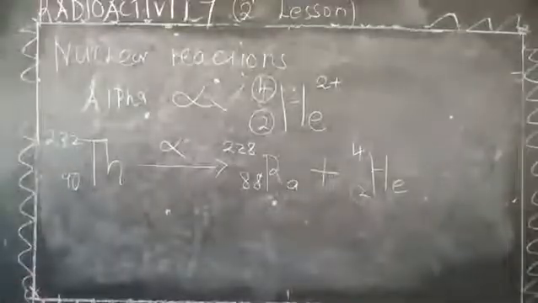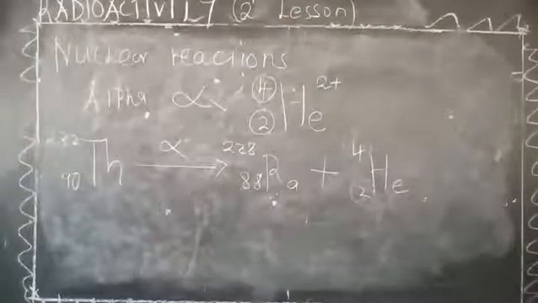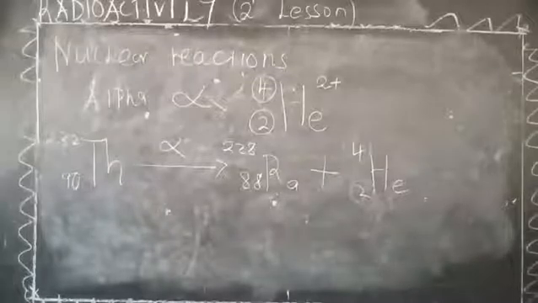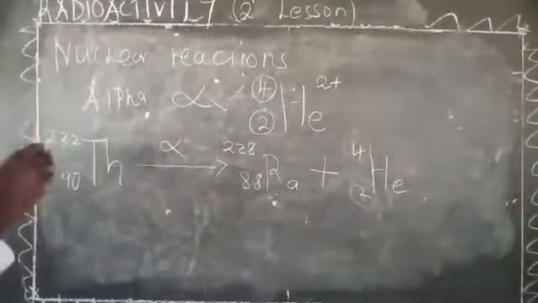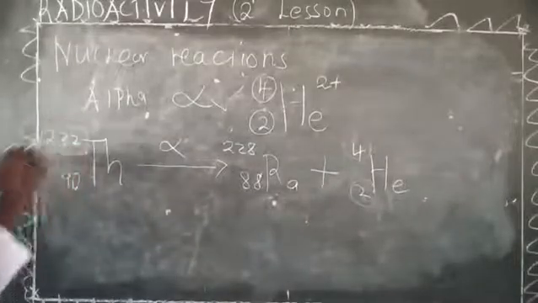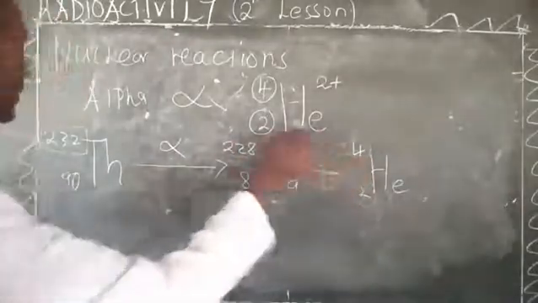And just to mention, very important, you note that the equation, the nuclear reaction, like we balance the chemical equations, also nuclear reactions are not complete until they are balanced. And if you look at what we are having, if you take 228 plus 4, it gives you 232.